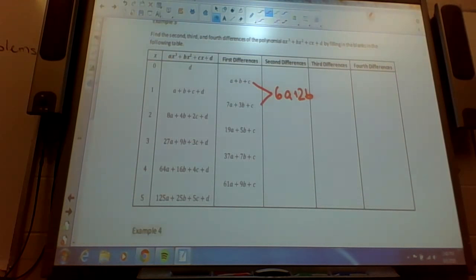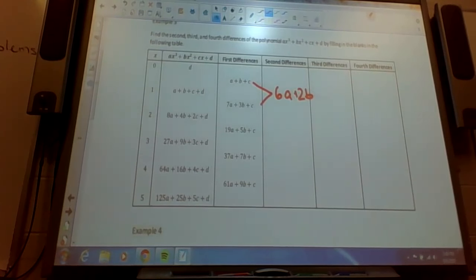This helps you. When I say first difference, you got a list of numbers here, right? And this is the difference between this and this, this and this. So that's what I was talking about. These are all related.